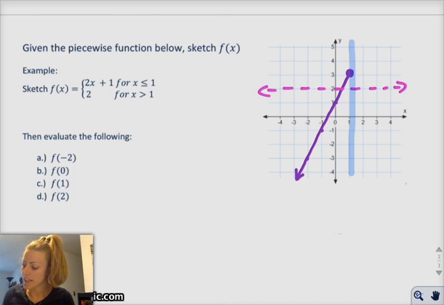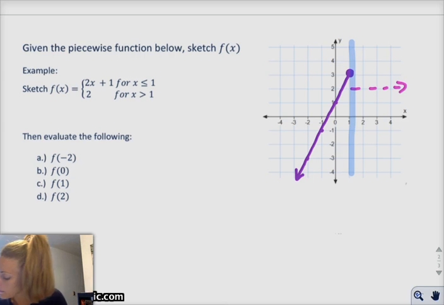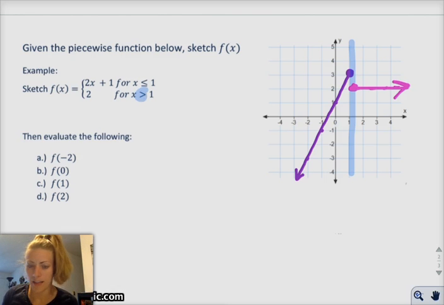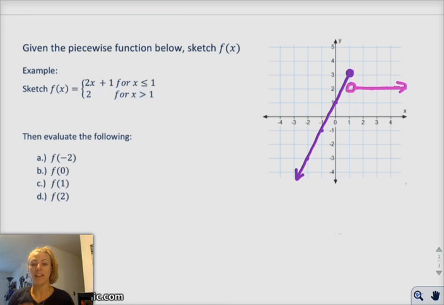And so I erase everything before that, and then I just make my function from x equals 1 over to positive infinity. The problem is, if that's a closed dot, then it's no longer a function, right? And that's a greater than, so it doesn't exist there. So that's actually an open dot. And voila, there is my piecewise function.